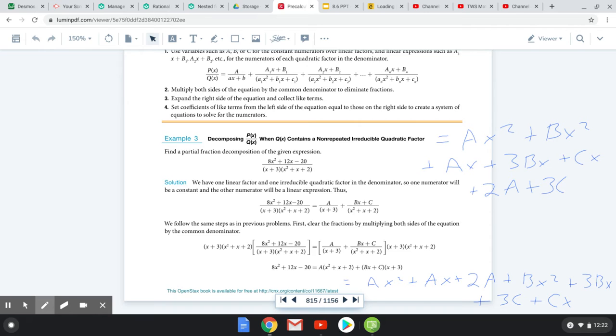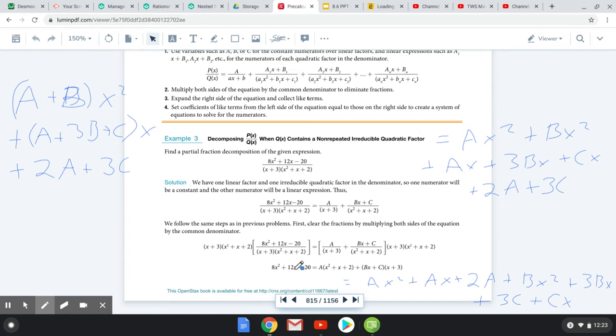So then in this first set, we're going to factor out an x squared and then factor out an x, and then those will just be the same. So we end up with a plus b x squared plus a plus 3b plus c x plus 2a plus 3c.